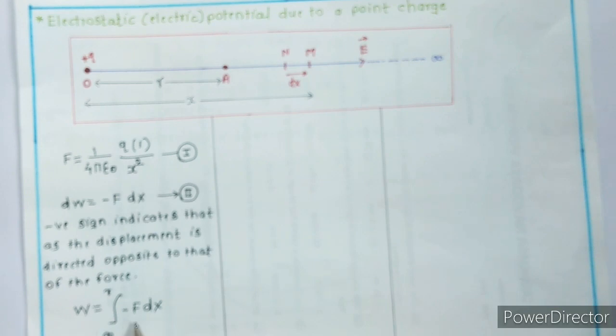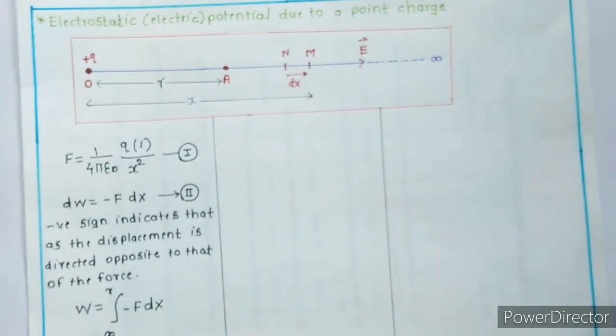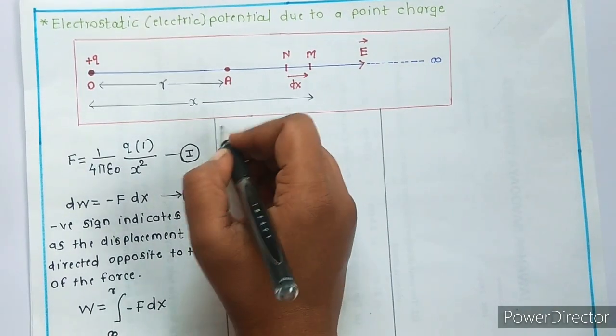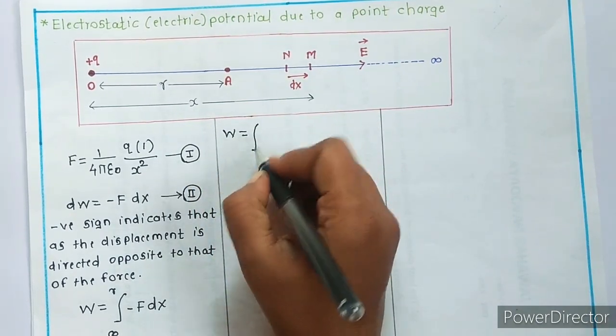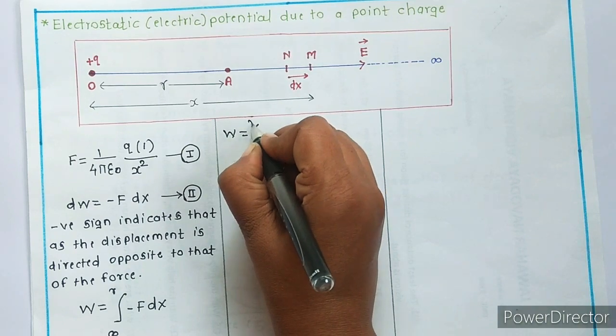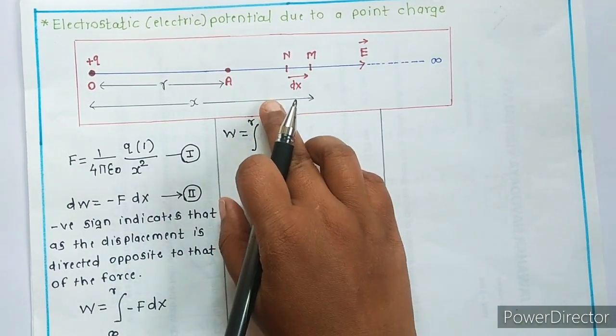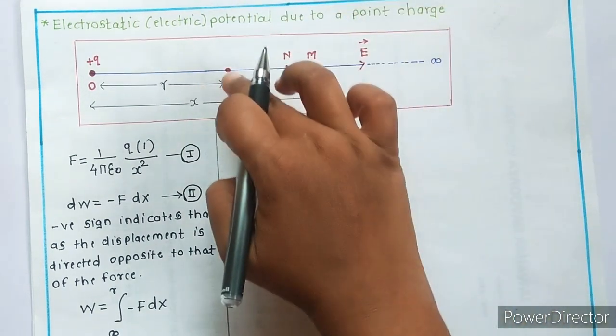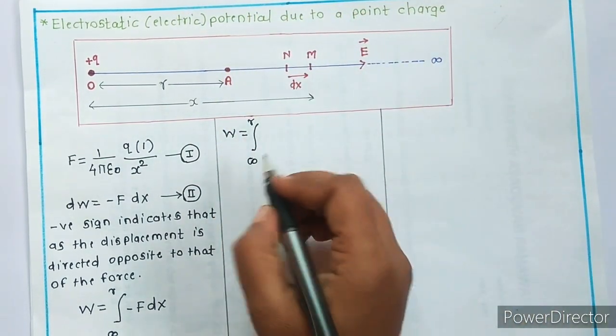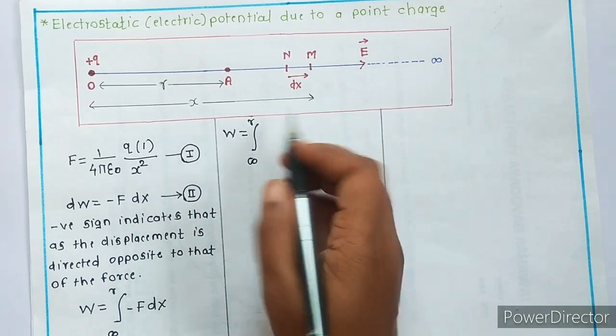So put the value of F from equation 1. What do I get? W is equal to the integration from infinity to R. This is the lower limit, this is the upper limit; this is the initial position, that is infinity, and this is the final position at the point R. That's why I am taking the limits like this.